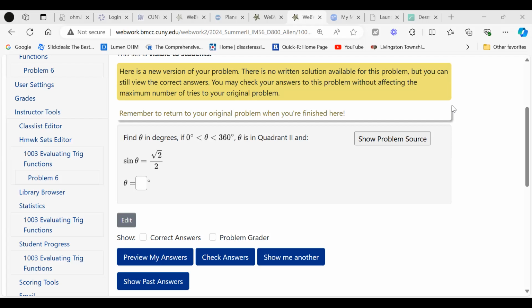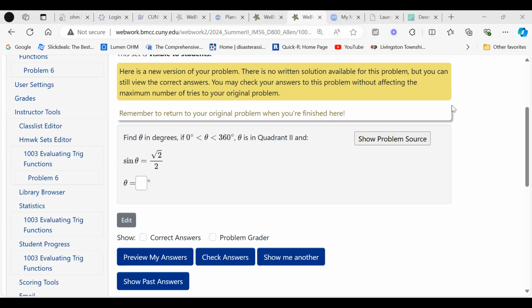All right, let's go over the solution. So they told us angle theta is in the second quadrant, and in the second quadrant, sine is positive. This is okay. Now we just need to locate theta, right?